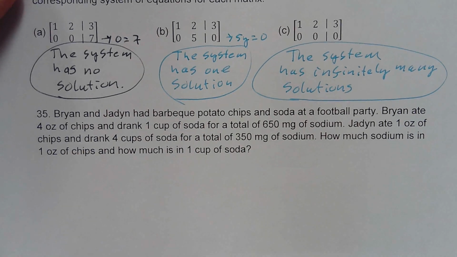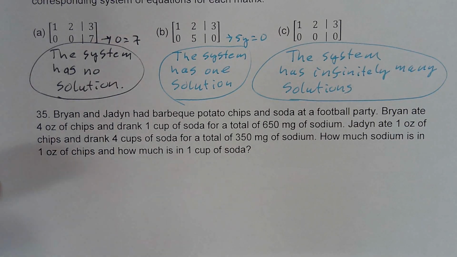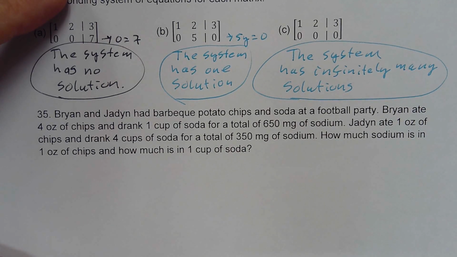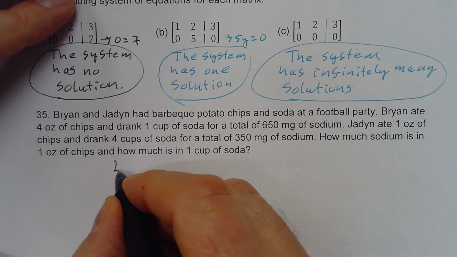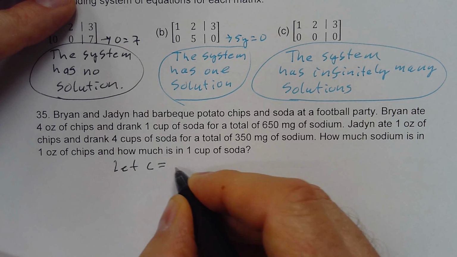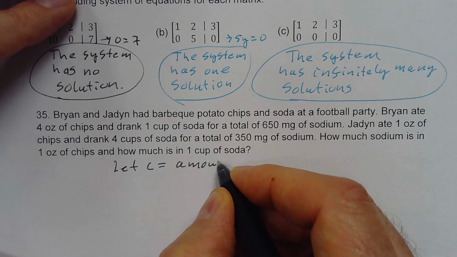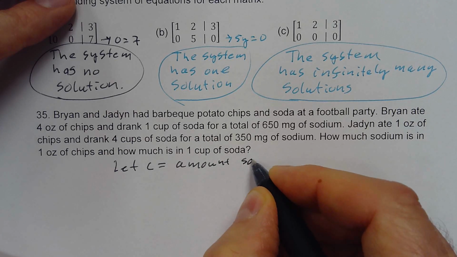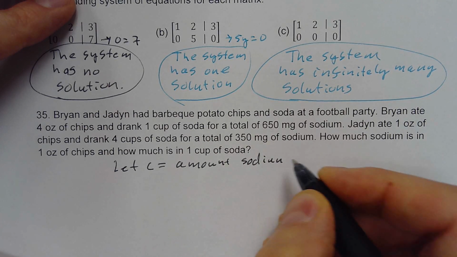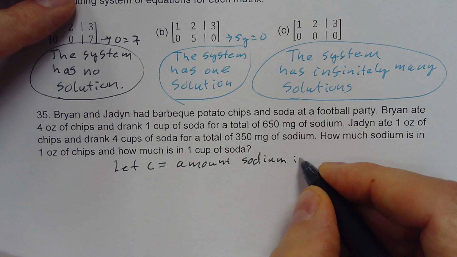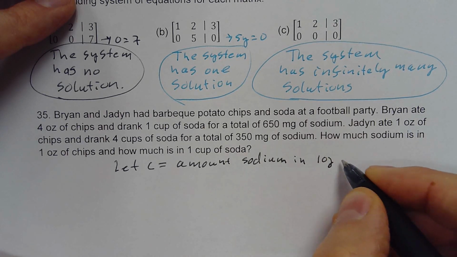Okay, so let's do this. Let's let C be the amount of sodium in 1 ounce of chips.